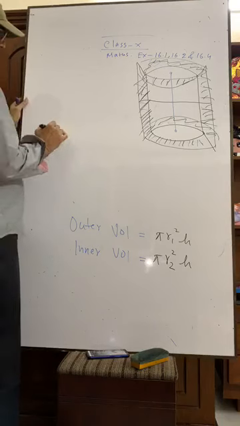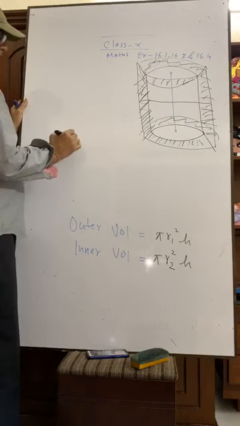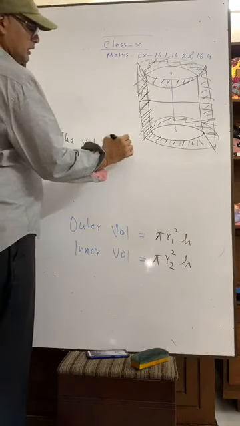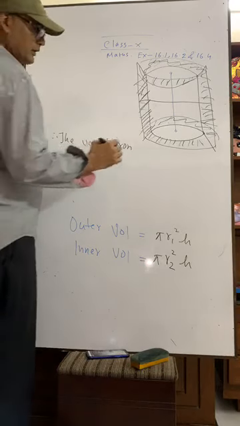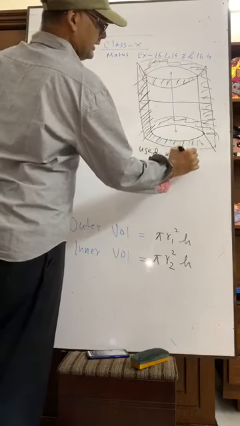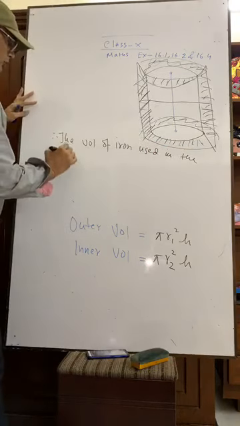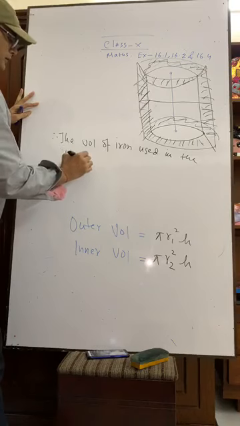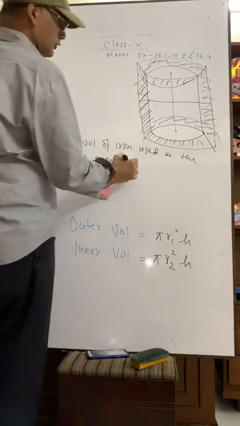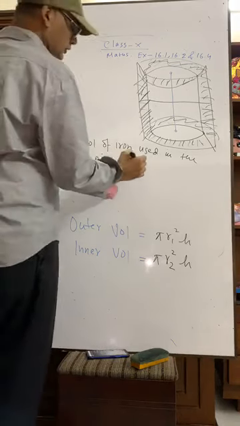Therefore, the volume of iron used in the hollow pipe is equal to, this is the outer volume.